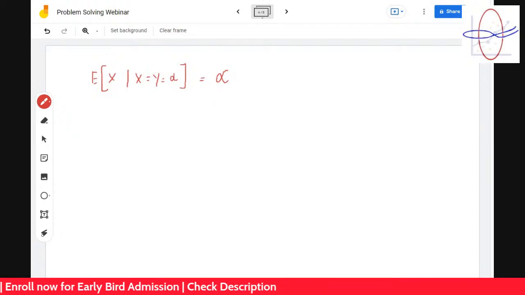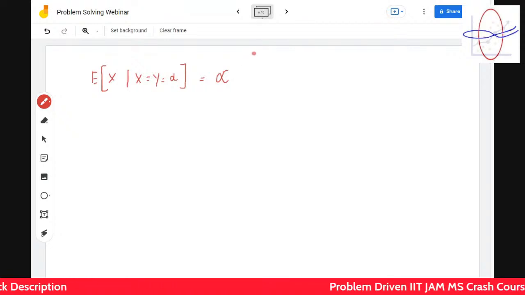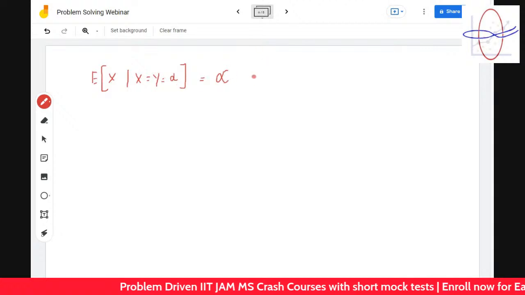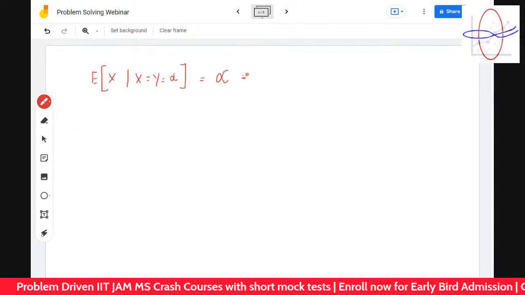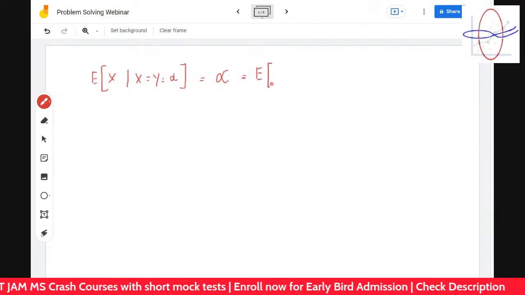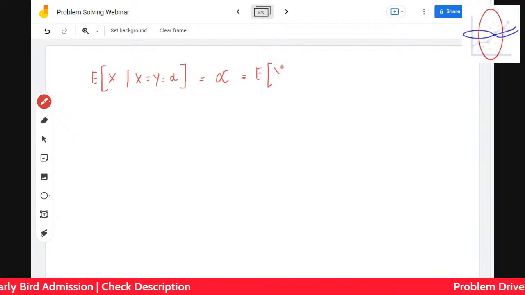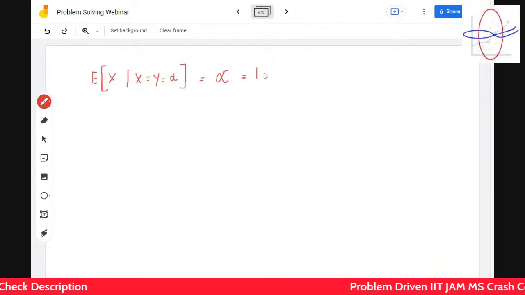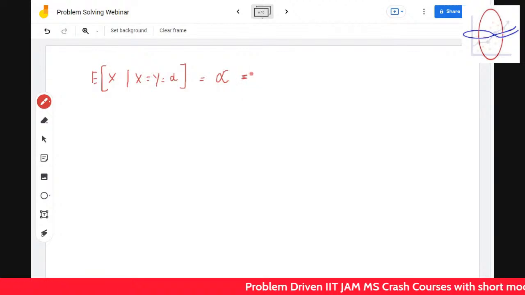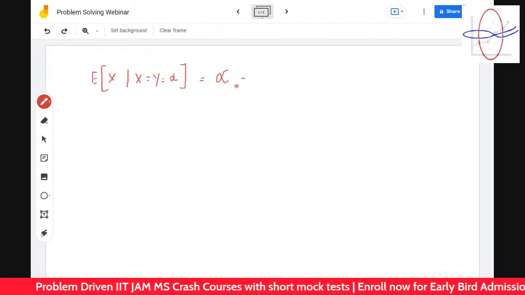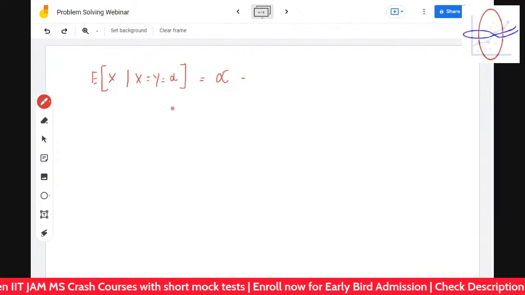All of you understood this is alpha. It's given that x is equal to y is equal to alpha. So what if it was given like this? This is also the same as expectation of... yeah, so this is alpha, right? So can you use this idea to sort of show that it's equal to expectation of y?